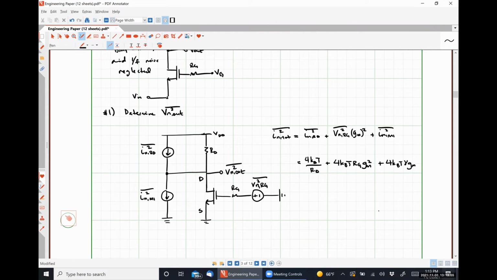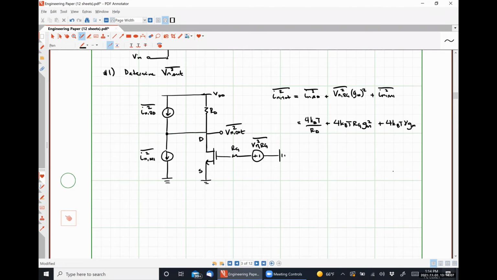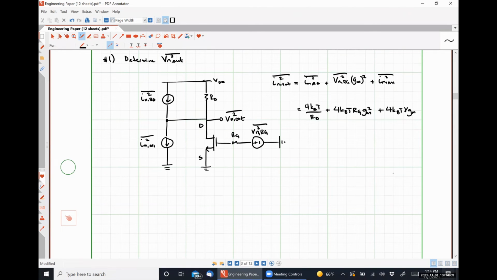All right, so we know what our output noise current is. How do we get our output noise voltage? Well, if we look at our small signal model with all of those noise currents lumped together, we can see that our gate terminal explicitly is grounded. Here we have resistor RG.